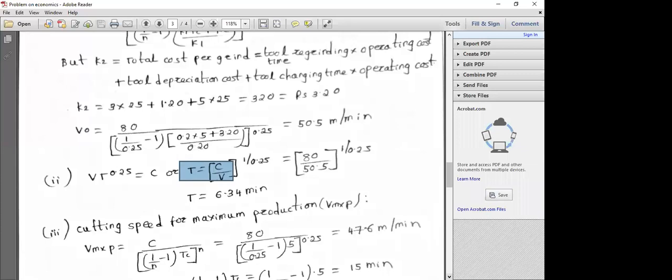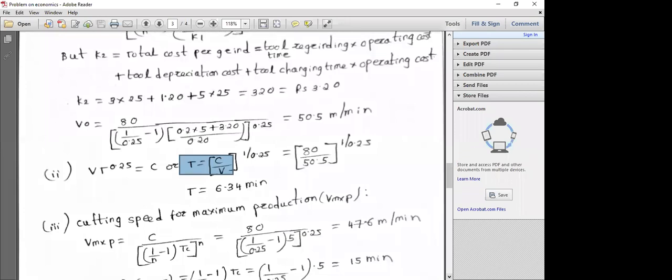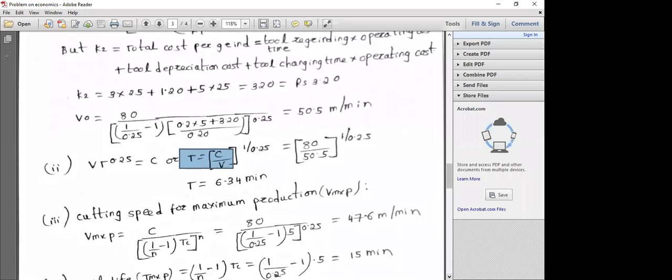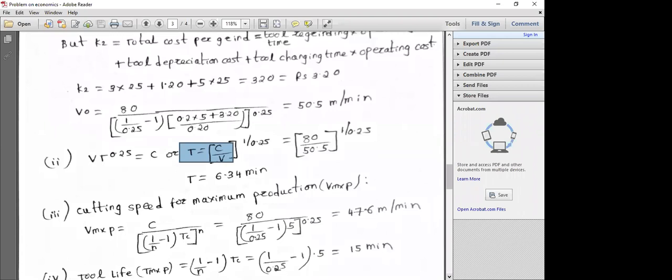So everything is clear here. You don't have to search for the data or derive. You just substitute the values in the formula, and you'll get the cutting speed for maximum production rate. Don't unmute yourselves just for the sake of chatting.